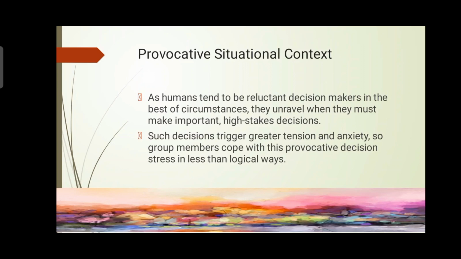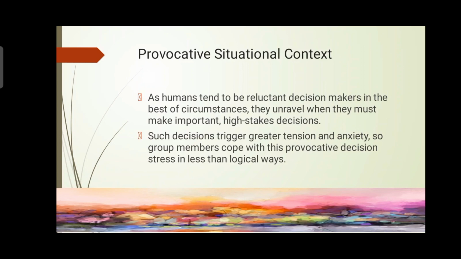So group members cope with this provocative decision stress in less than logical ways. Through collective discussion, the group members may rationalize their choices by exaggerating the positive consequences, minimizing the possibility of negative outcomes, and concentrating on minor details, also overlooking larger issues.